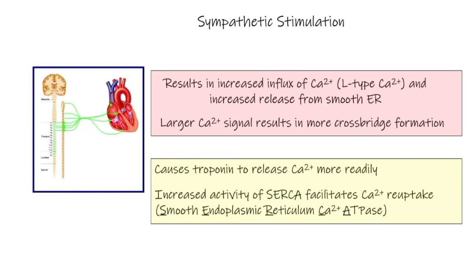Additionally, sympathetic stimulation increases the activity of what are called SERCA, and that stands for smooth endoplasmic reticulum calcium ATPase. So that's the enzyme that's responsible for sequestering the calcium back into the sarcoplasmic reticulum.